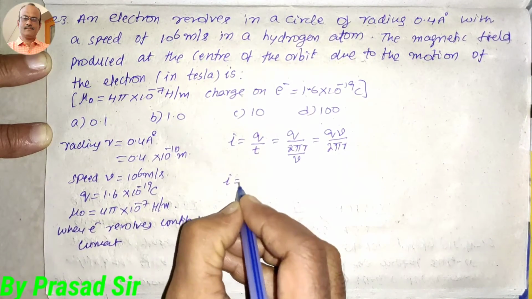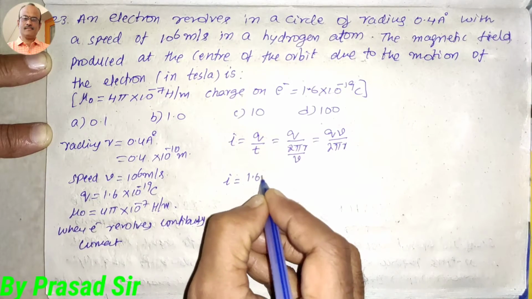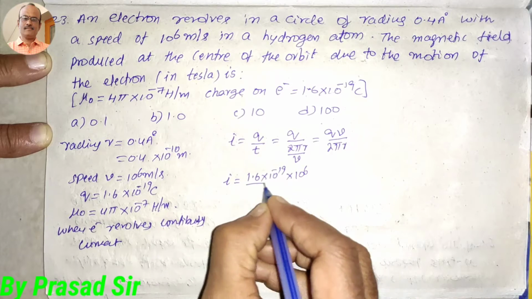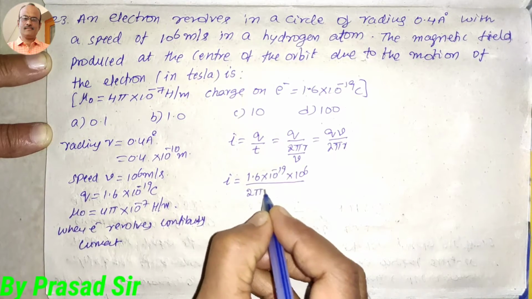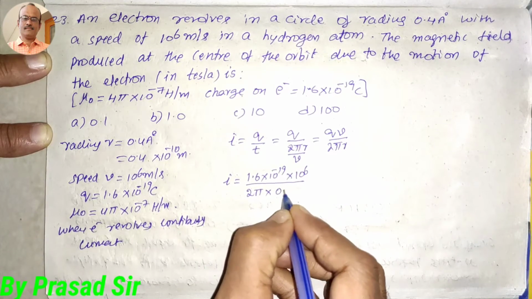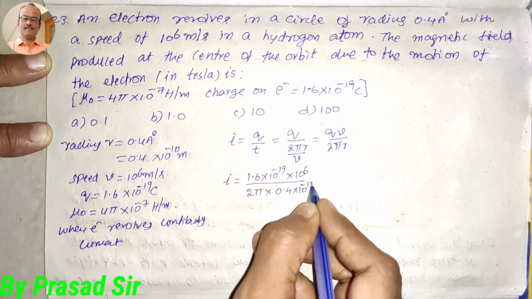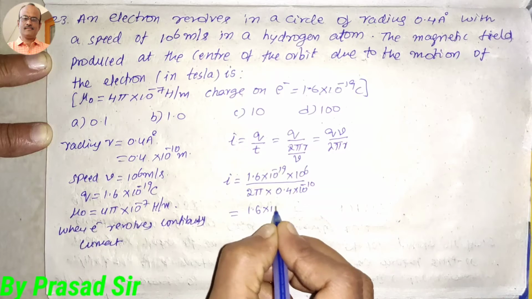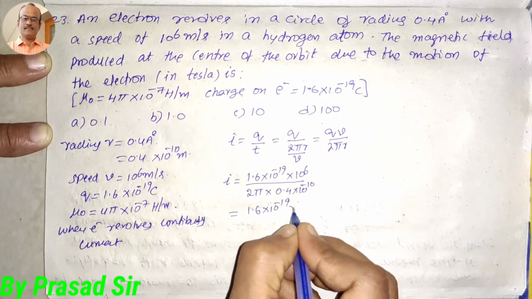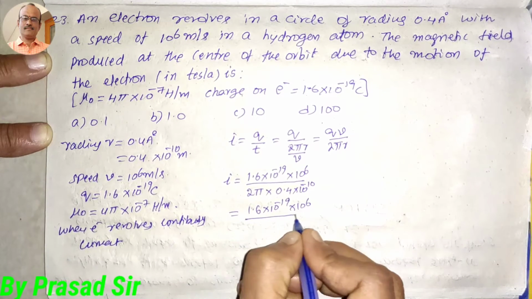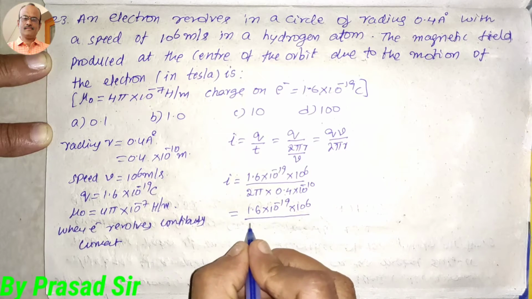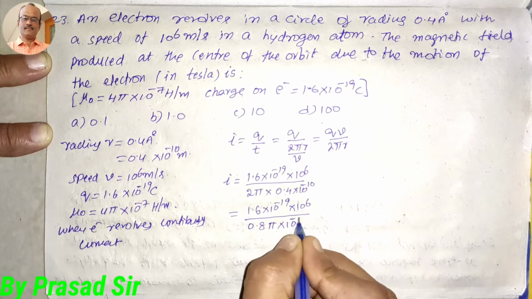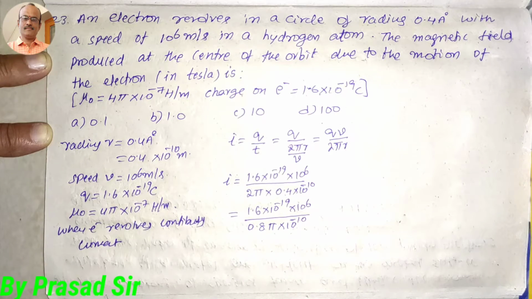So current I is equal to q, 1.6 into 10 to the power of minus 19, into 10 to the power of 6, divided by 2 pi into radius, that is 0.4 into 10 to the power of minus 10. Here, divided by 2 into 0.4, 0.8 pi into 10 to the power of minus 10.